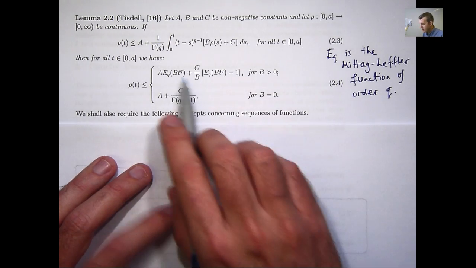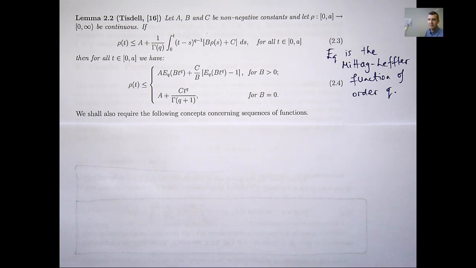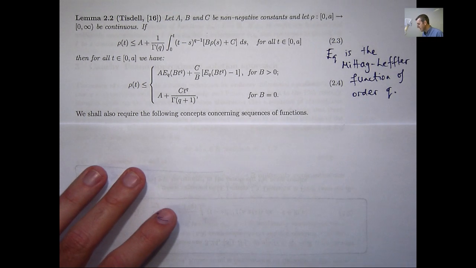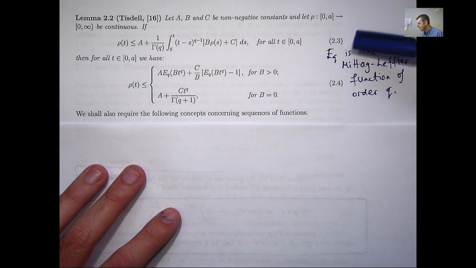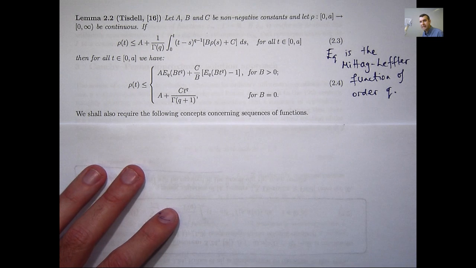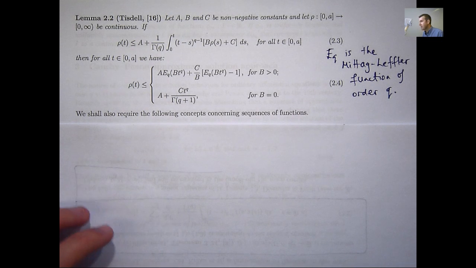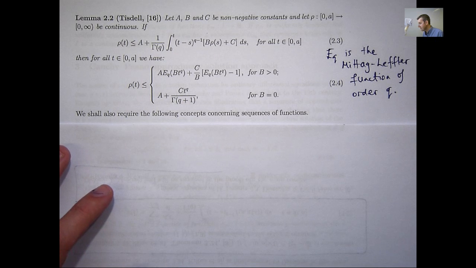You don't really need to know what this is for the context of this particular presentation, but you can think of the Mittag-Leffler function as playing a similar role to that of the regular exponential function in just classical calculus. So this Mittag-Leffler function is kind of like a generalized exponential function for fractional calculus.